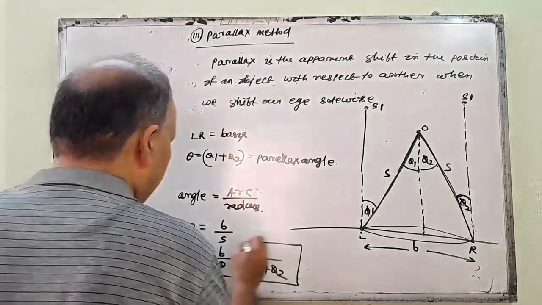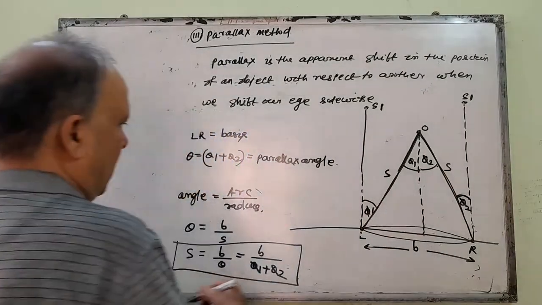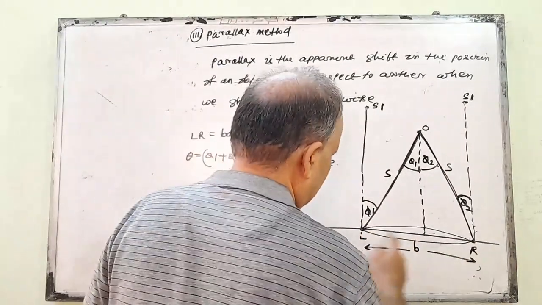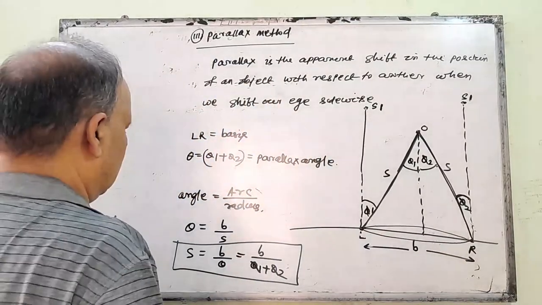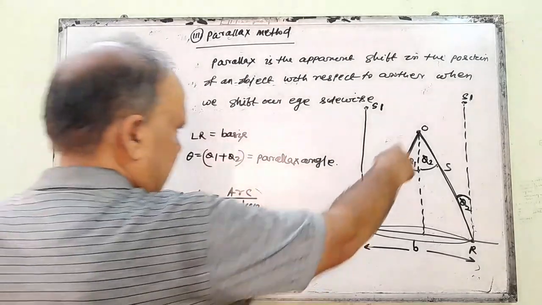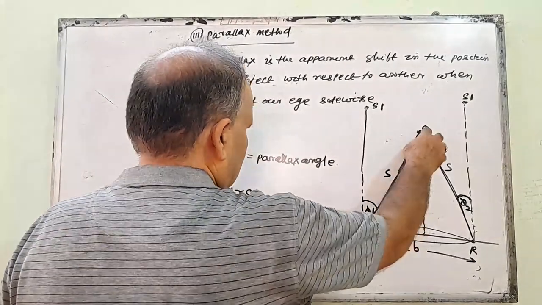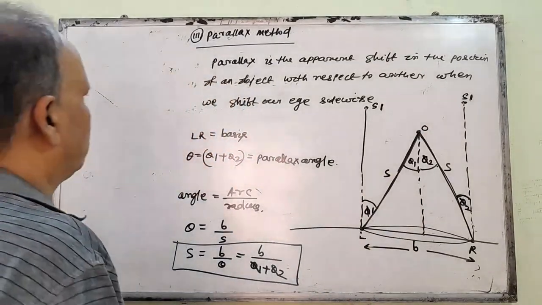So by knowing this parallax angle, or phi 1 and phi 2, and the relative distance between L and R, that is B basis, we can measure the distance between the distant object and us.